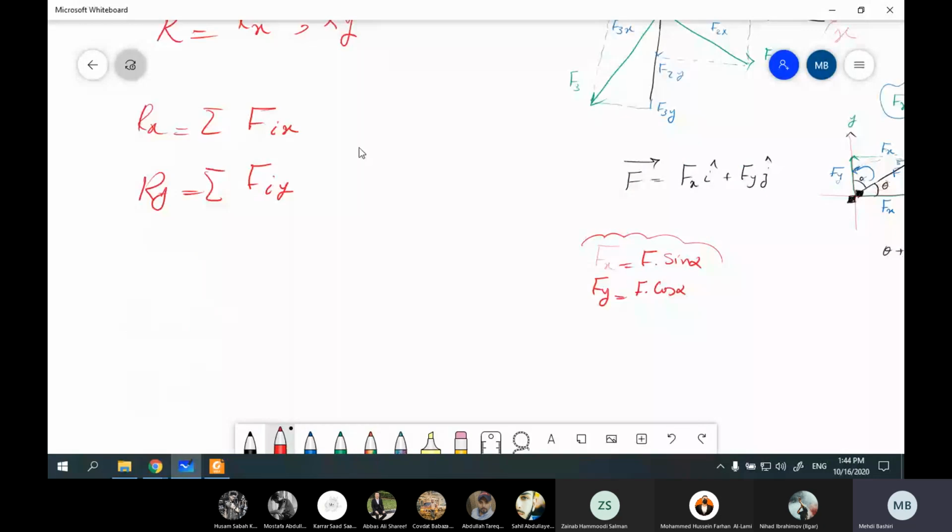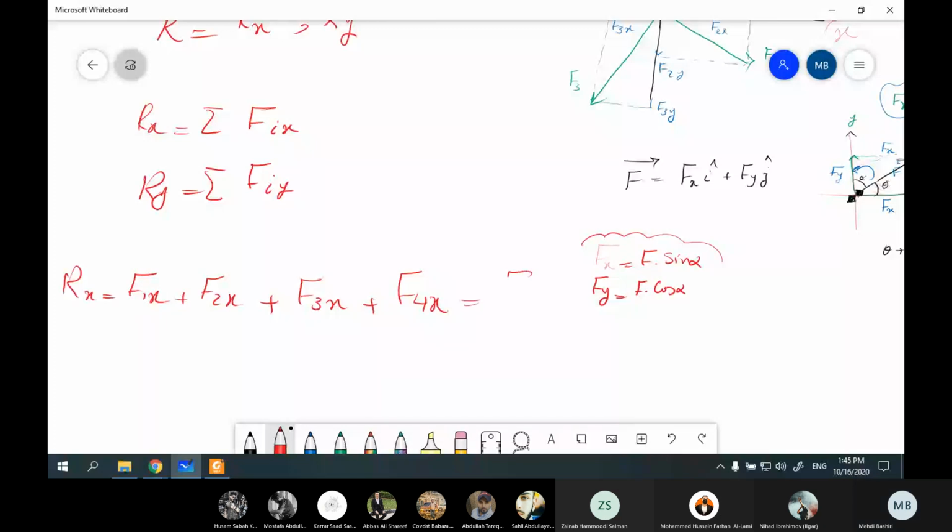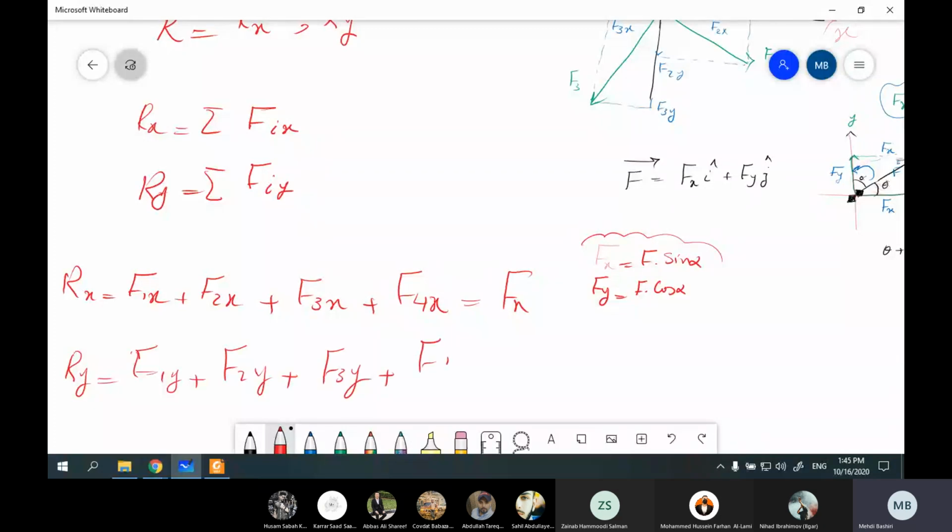What does it mean? It means F1x plus F2x plus F3x plus F4x would be Rx or Fx. Ry would be F1y plus F2y plus F3y plus F4y. That would be the final Fy.